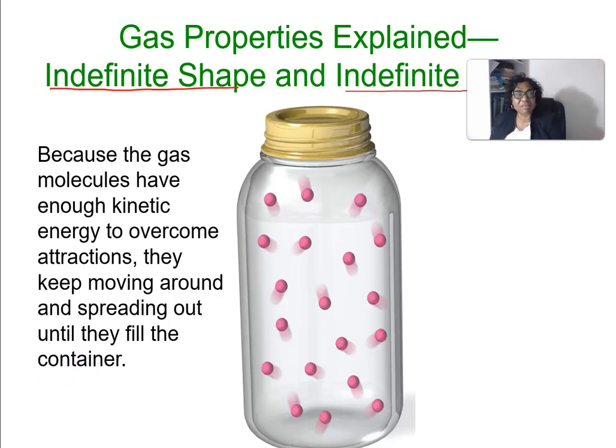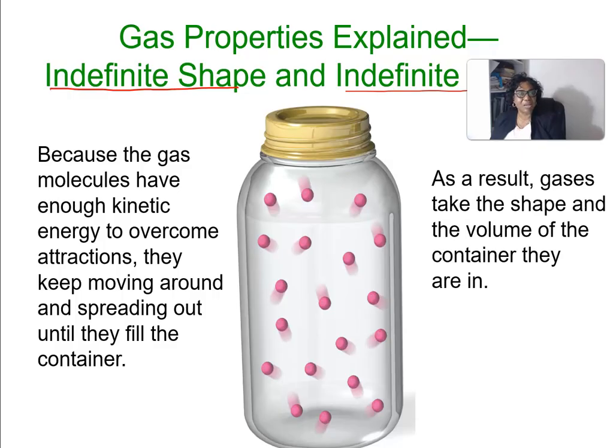There's nothing to pull them back. There's no attractive force between the different gas particles. So they just go until they fill the container. As a result, gases take the shape and volume of the container in which they are.